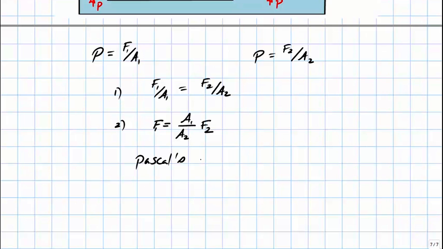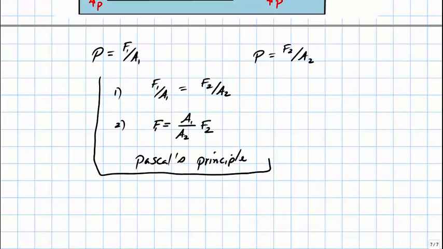These forms represent Pascal's principle, and we can use the second form to prove that F1 is much smaller than F2.